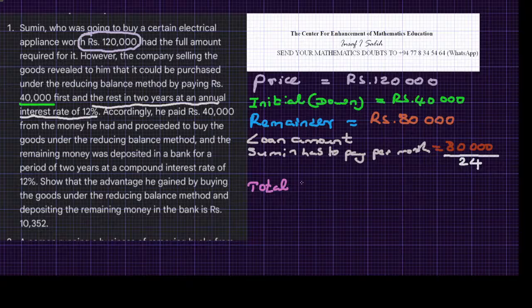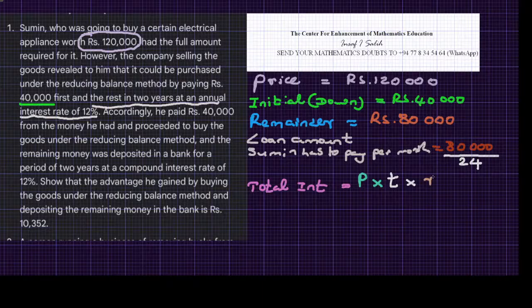So total interest is equal to, I guess most of the students are used to the simple interest formula, that is PTR over 100. We can use the same thing to calculate the total interest under the reducing balance method. That's principal times time multiplied by the interest rate.